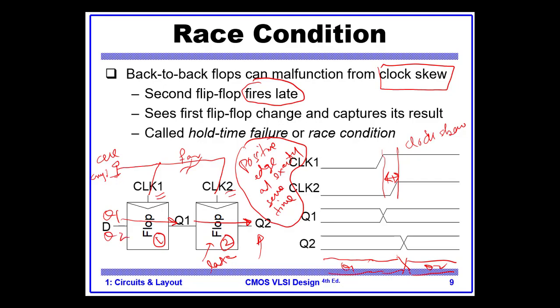So ideally it should come here and then go outside, Q1 then Q2. But when this is late, it does not fire and it is waiting. So this one comes and replaces Q1, and only Q2 gets outside.